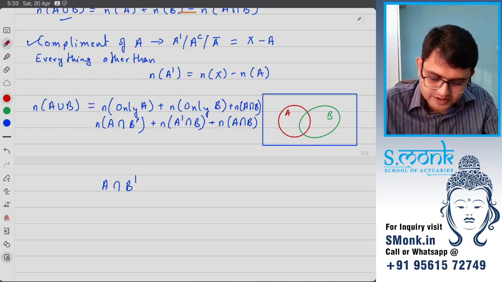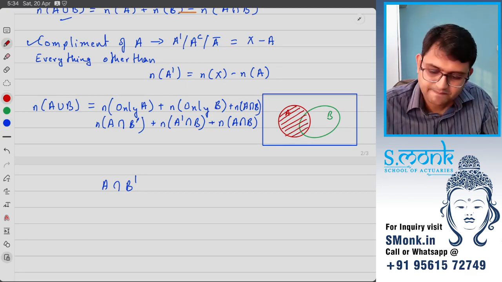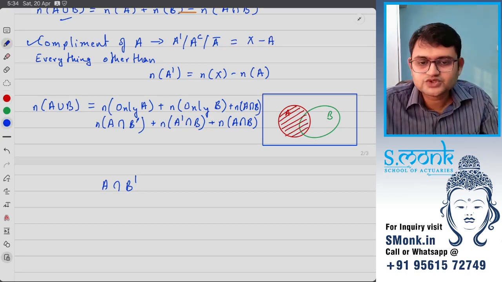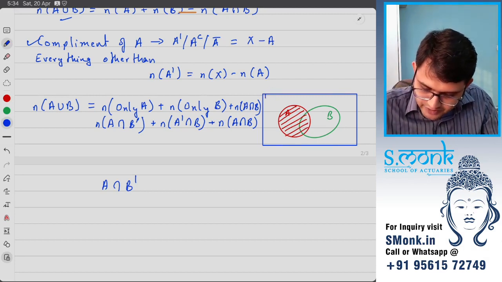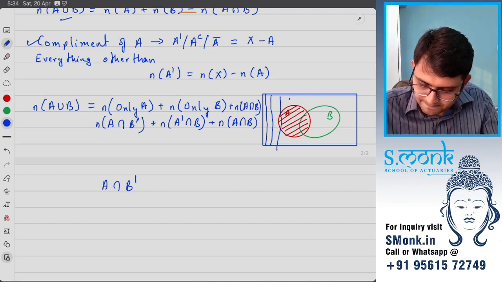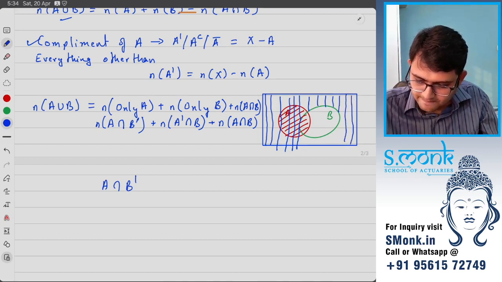I will represent A with red and shade it. For B complement, I will use blue. B complement is everything other than B, so I will shade everything other than B.